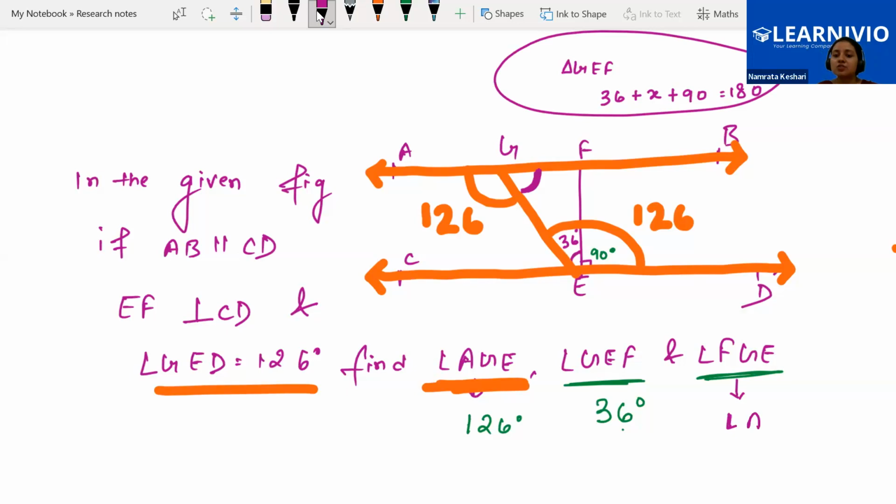Angle AGE plus angle FGE are making a linear pair, that is 180 degrees. So from here also we can directly get the value. From both ways we will be getting the same answer. That is one way, by taking triangle GEF, and this is the other way, by taking the linear pair. You just have to identify.